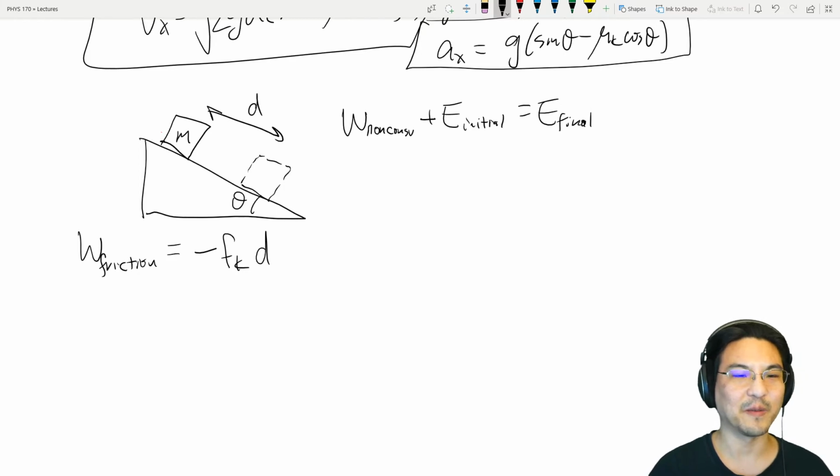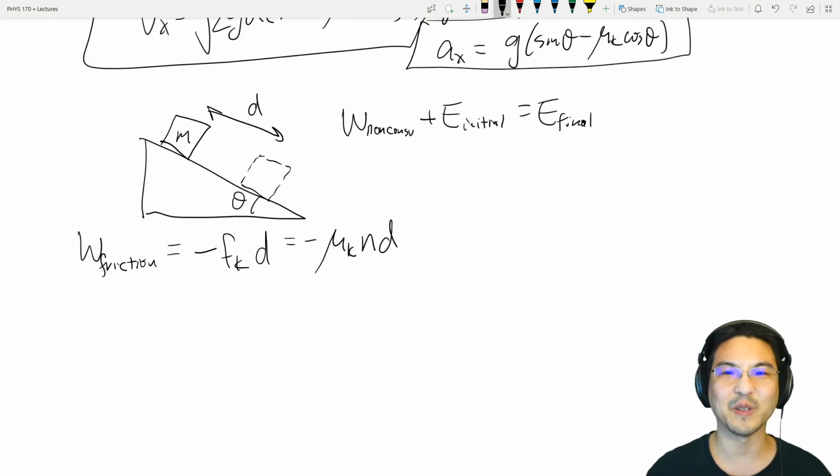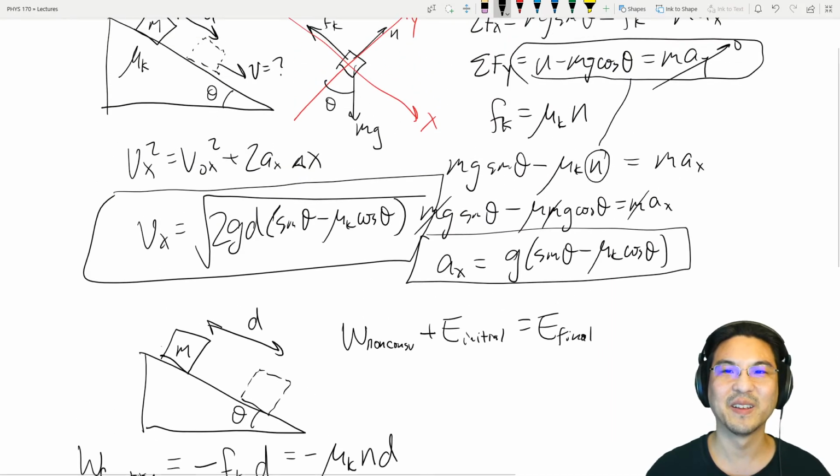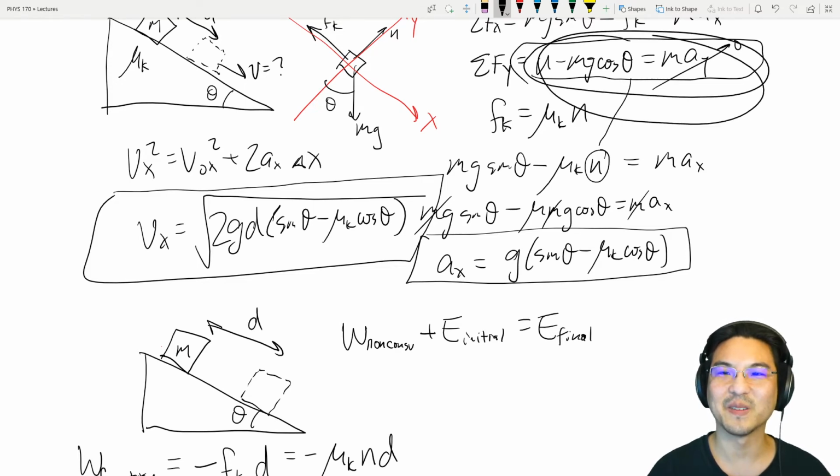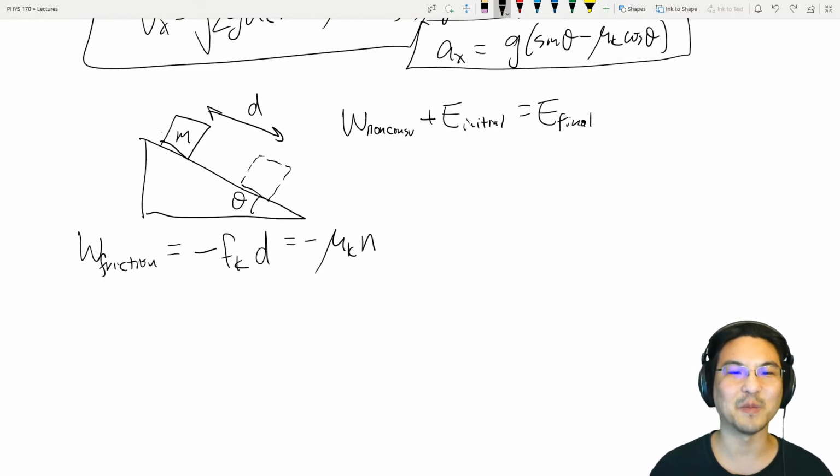Okay, and then what is the friction? mu k times N. Why don't we just recycle our work right here, where we had N minus mg cosine theta equals 0, so therefore N equals mg cosine theta.